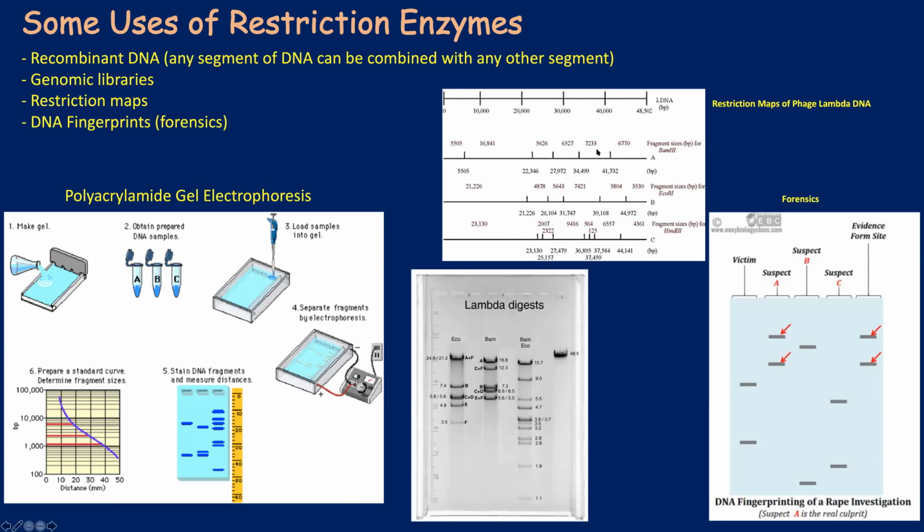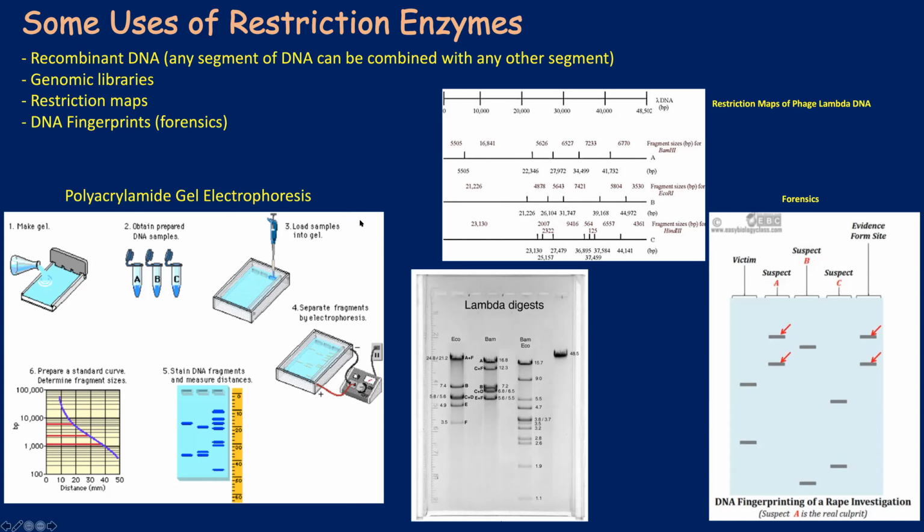Below that, if you digest that with BamH1, you end up with 6 fragments, 1, 2, 3, 4, 5, 6, and they're each a different size. Now, if you cut the same thing with a different enzyme, EcoR1, again, you end up with 6 fragments, but they're all different sizes, different from the BamH1 digest because the sites are different. Bam cuts at a different site than Eco.